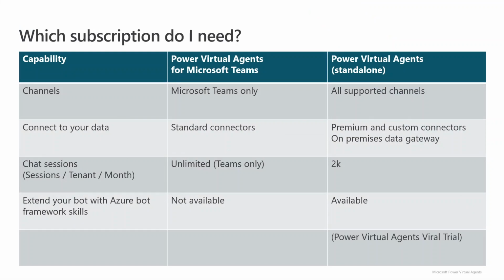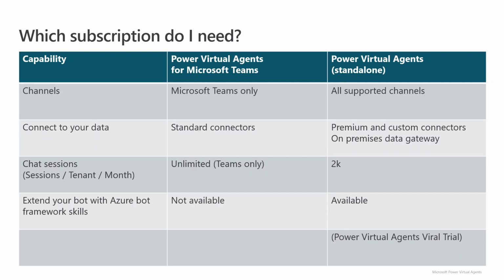Which subscription do you need? So there's the Power Virtual Agents for Teams, which has channels for Microsoft Teams only. Power Virtual Agents is all the channels that you see on the interface there. Connect your data only using standard connectors. So in Power Virtual Agent, in Power Automate, there's this concept of standard connectors and premium connectors.